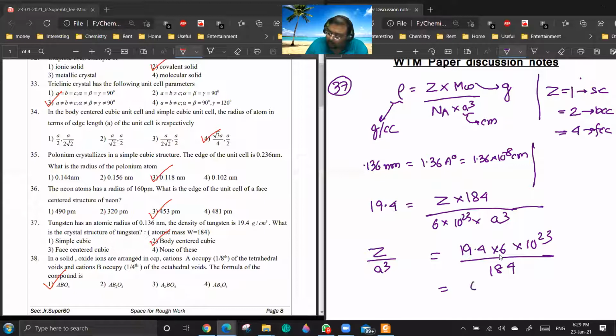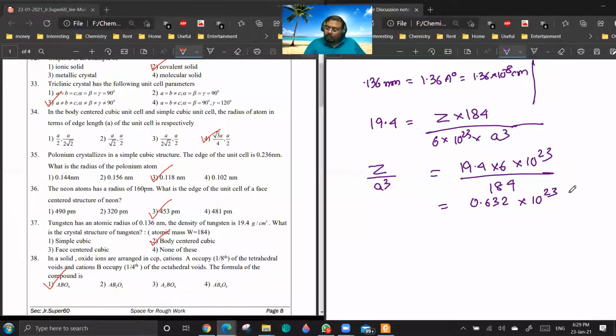That's like 0.632 into 10 power 23, or 63.2 into 10 power 21. That is equal to Z by a cube.